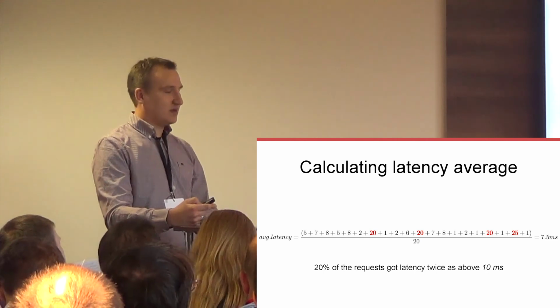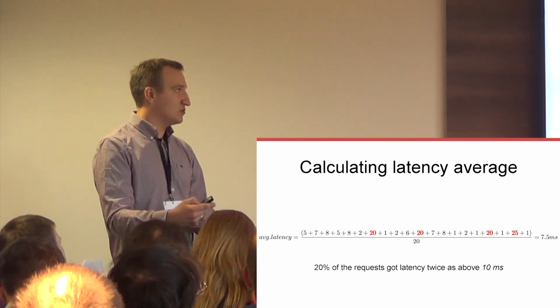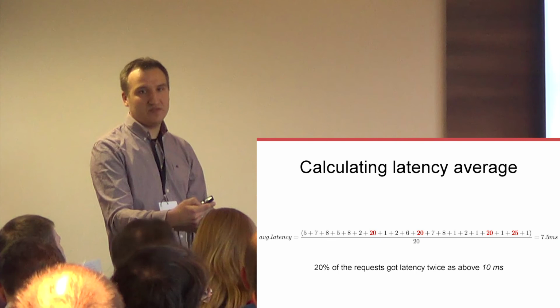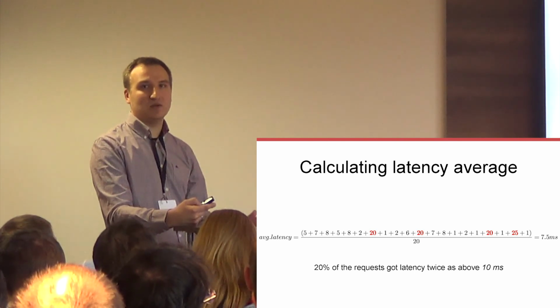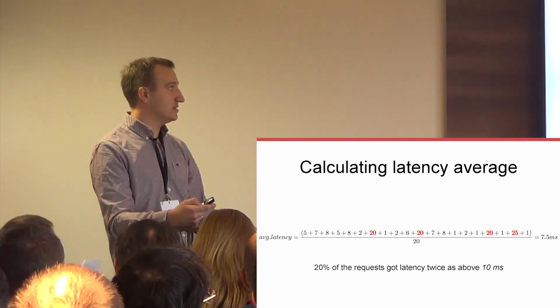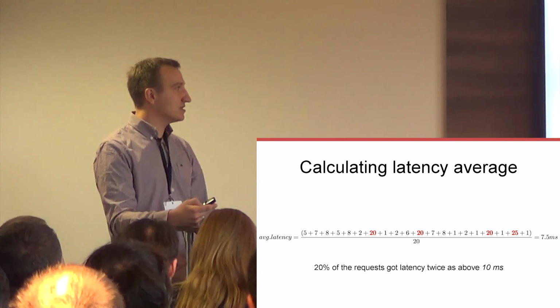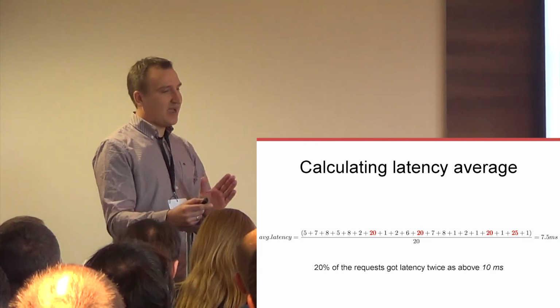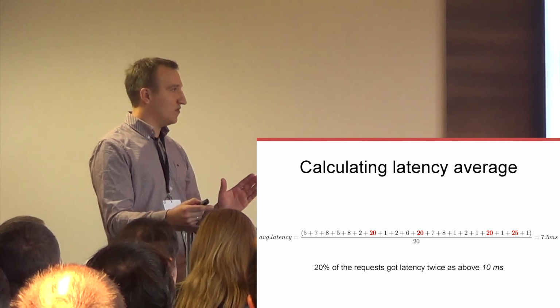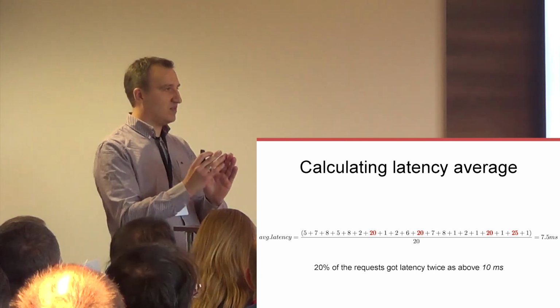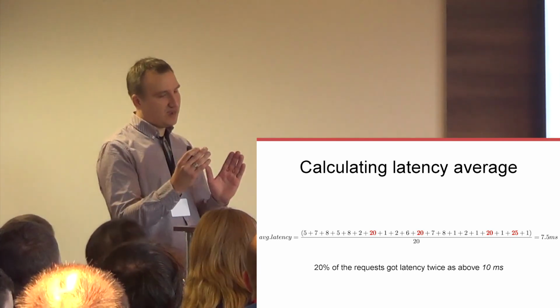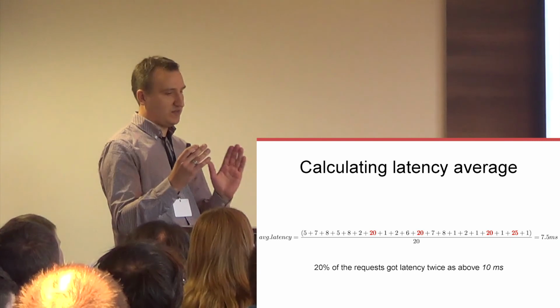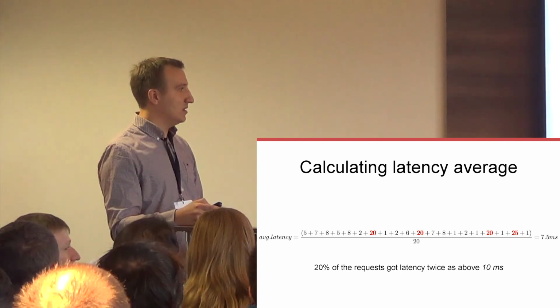So I think percentiles should be the way to go if you really want to know what's happening in your system, because they show the maximum, or the worst case, for a specified part of the requests, right?